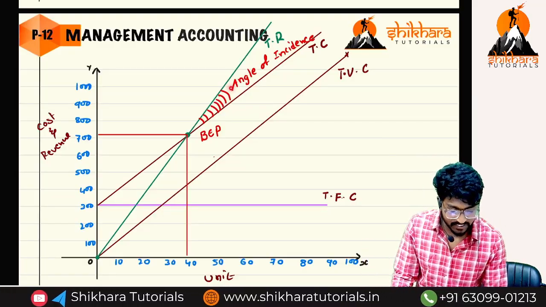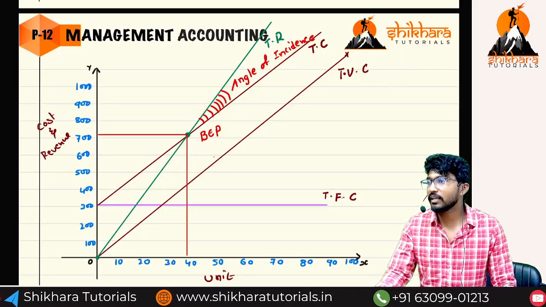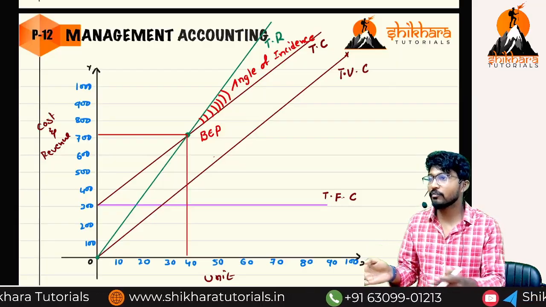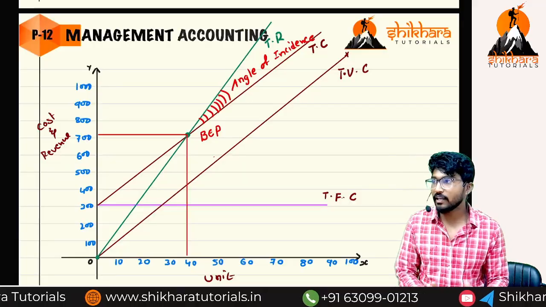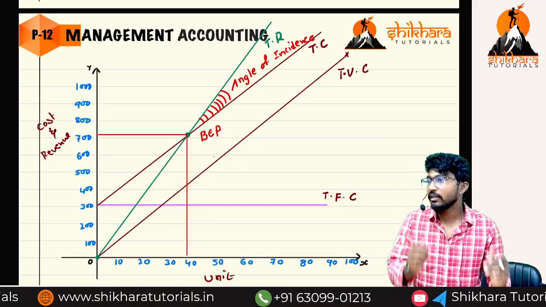If your angle of incidence is wide, that means your break even point is very low. If your angle of incidence is wide, your break even point is low. Your angle of incidence is narrow, your break even point is very high.